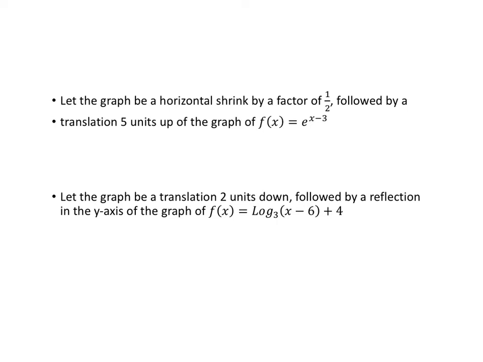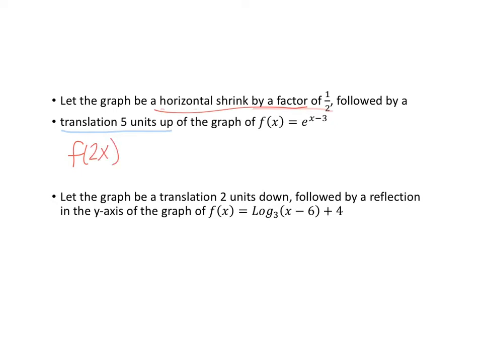So we're going to do first the graph be a horizontal shrink by a factor of 1/2, followed by a translation 5 units up. So we'll start with the horizontal shrink. Is it 1/2 x or is it 2x? Remember that when we do our horizontal shrinks and stretches, they switch, right? So it's going to be 2x.